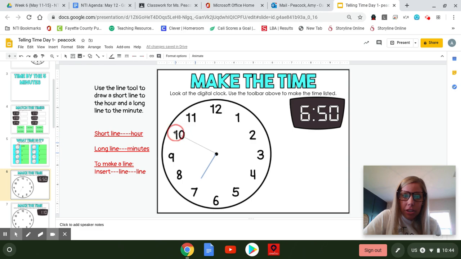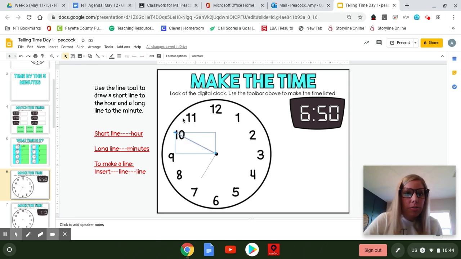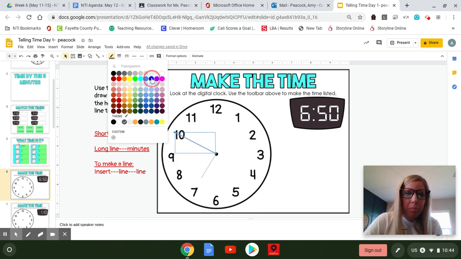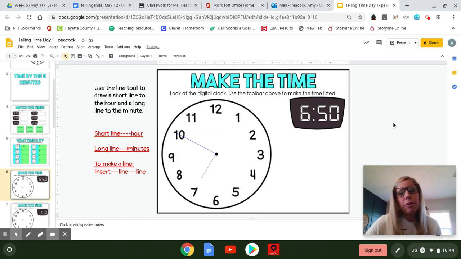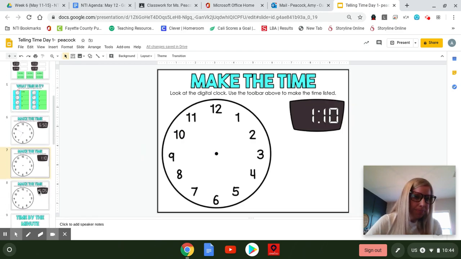Now I'm going to make it actually go through the 10 just so that my teacher can see, hey, this line is the hour hand because it's shorter. This line is longer because it's the minute hand. You can also make these different colors if you want to as well. You can come up here to the little pencil where it says color line, and you can pick different colors. So you can make one of them blue, one of them red, so I can tell the difference as well. So basically that's what you're going to do for that one.